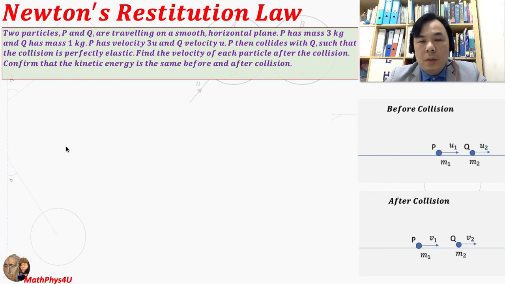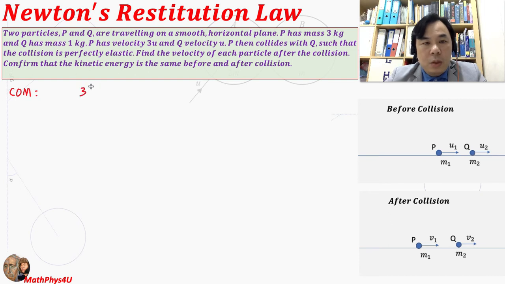Now from here, I'm going to apply Newton's restitution law together with conservation of momentum. Conservation of momentum, I'm going to write in short form, COM. I'm going to write down the masses directly.